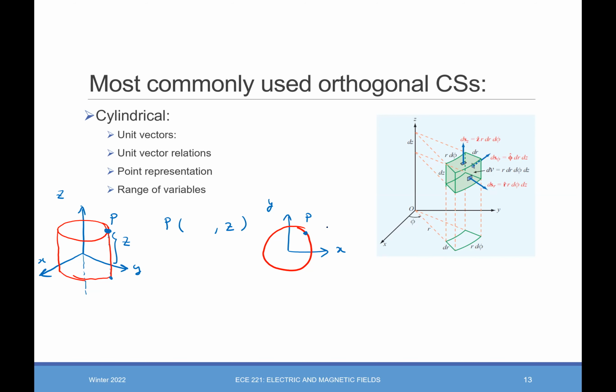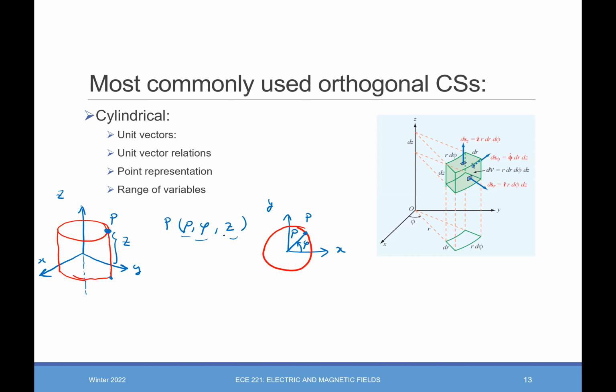Now, in the cylindrical coordinate system, instead of indicating the position of point P in terms of X and Y, we define it in terms of the radius of the cylinder and also the angle that it has from the x-axis. So we call it rho and phi. That way, we can also uniquely define the position of point P. So in the cylindrical coordinate system, we have rho, phi, z.